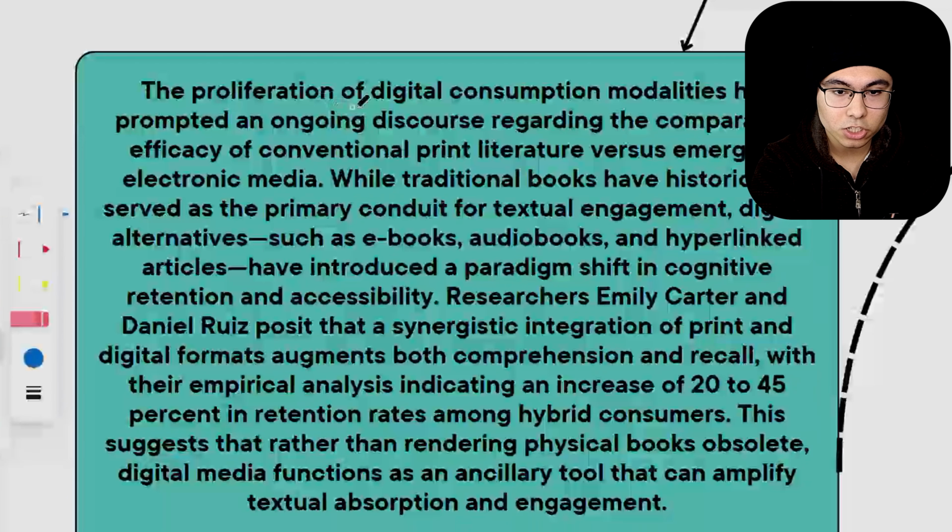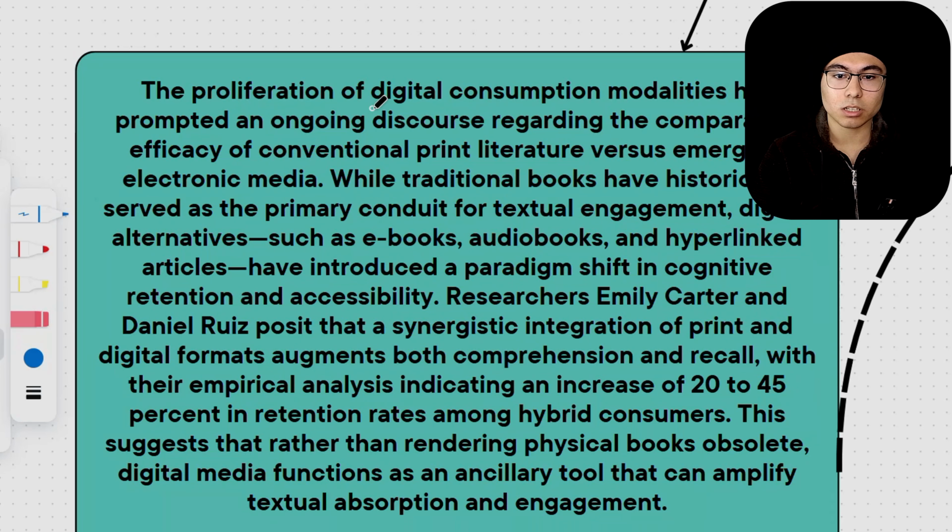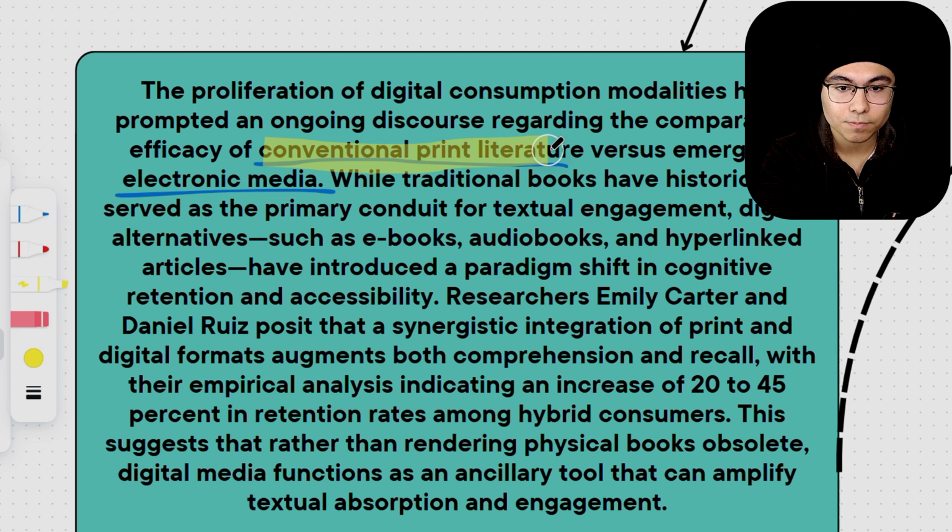The proliferation of digital consumption, okay, regarding conventional print literature versus emergent electronic media. So they are comparing two things. The first one is conventional print literature, and the second one is emergent electronic media.